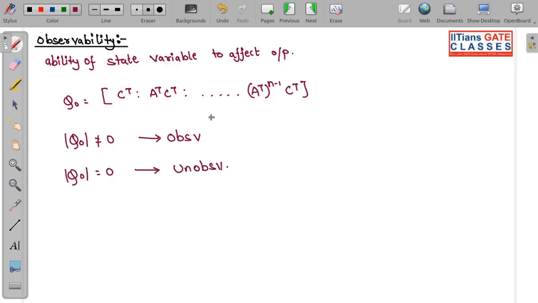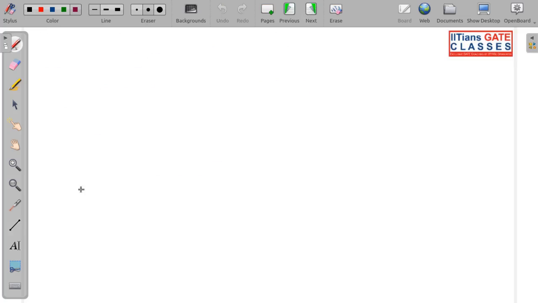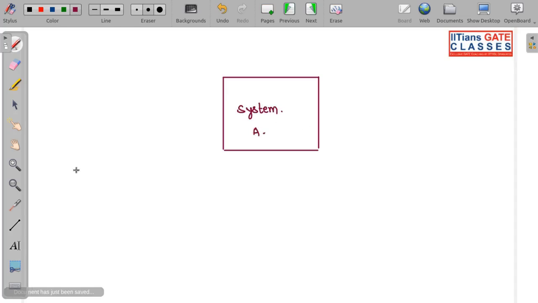So basically, if we have a system over here, the system is defined by the A matrix. We have inputs and we have output.